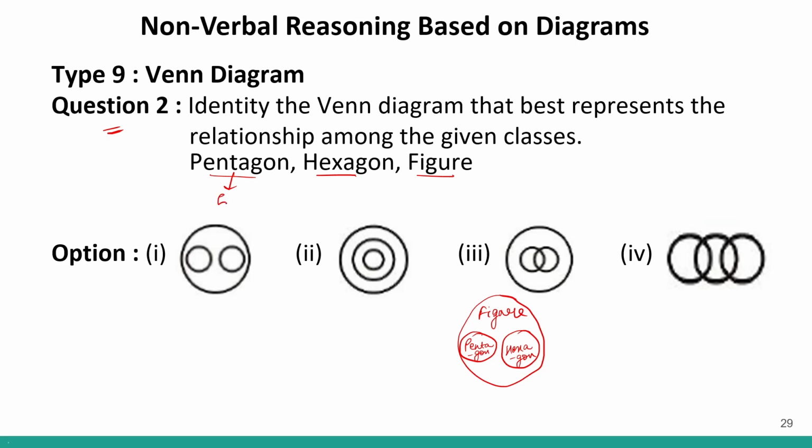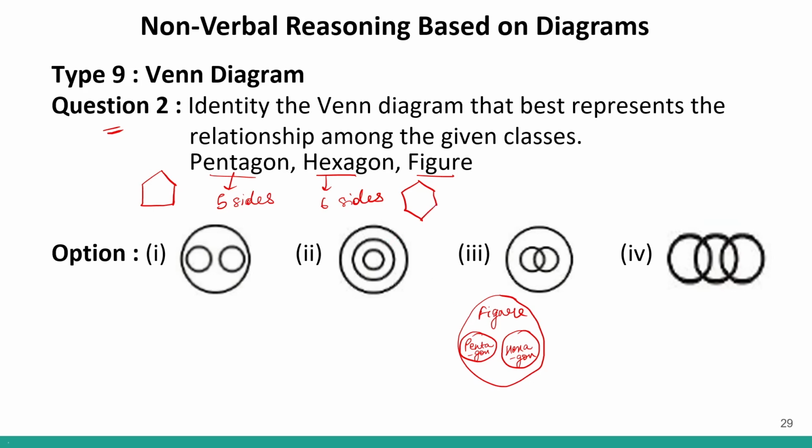What is pentagon? Pentagon is a figure with 5 sides. It looks something like this. And what is a hexagon? Hexagon is a figure with 6 sides. It looks something like this.